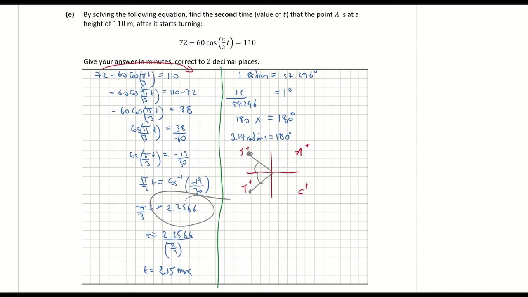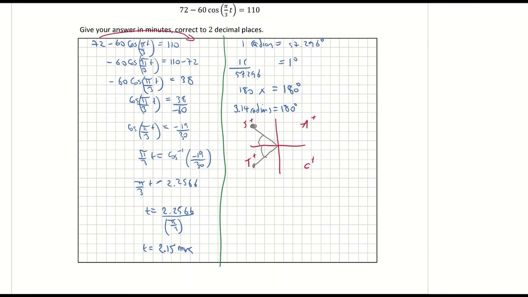So this value here. If I come back now to my radians and find the size of the reference angle in here, I have the full semicircle, or half of my circle here, to be 3.14 radians. I subtract the angle I already have, which is 2.25, and I get 0.89. So this angle in here, my reference angle, is 0.89.